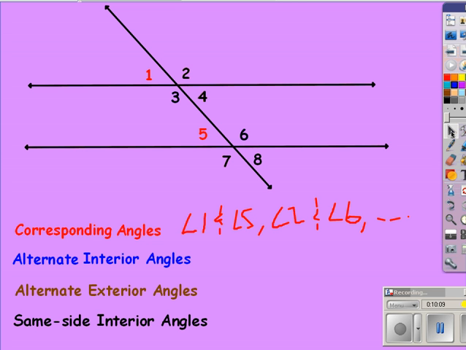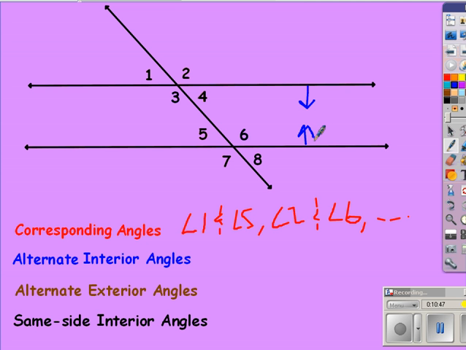Next, what we're going to look at are alternate interior angles. Now, for alternate interior angles, the first thing you want to look at is that word interior. Interior, in this case, just means that they're in between those two lines. So interior, inside, in between, however you want to look at it. So 3, 4, 5, and 6 are our interior angles that we're going to be dealing with. When they're alternate, you want to look at angles that are on either side of the transversal. Like 3 and 4 are on either sides of the transversal, 5 and 6 are on either sides of the transversal, and top and bottom.